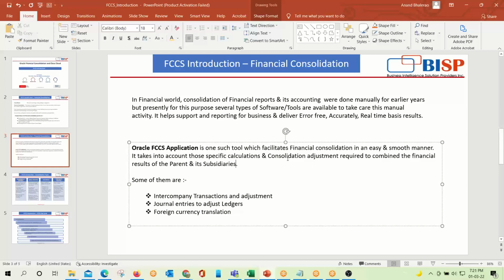That is, some intercompany transactions and their adjustments, journal entries which are necessary to pass, adjusting ledgers, and taking care of certain transactions and activities. And foreign currency translation, all these activities we can achieve through the Oracle application. We just need to input those details to enable this result.